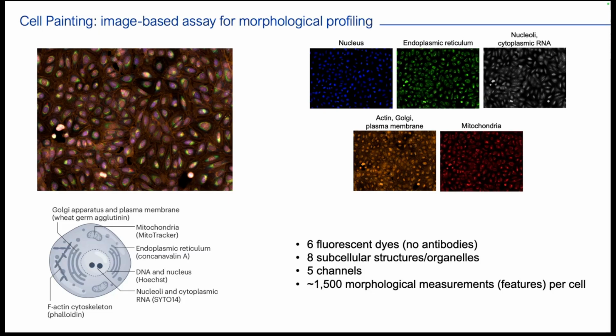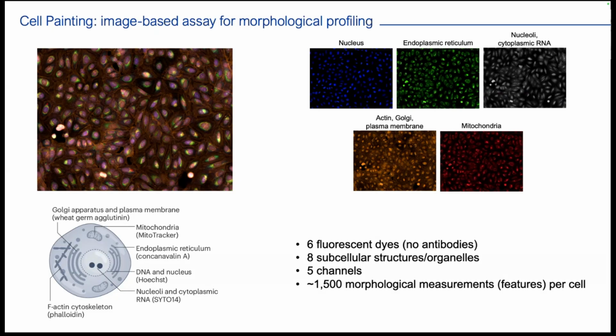So these are several layers of analysis that end up with this number of parameters. It happens that some of these parameters are not independent, right? So they are very highly correlated. And so later on, before doing the profiles, these highly correlated features have to be reduced so they don't create a bias in the data, right?